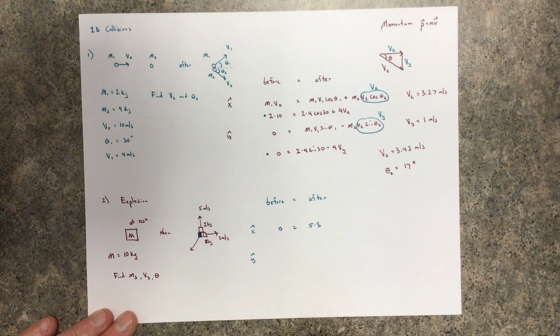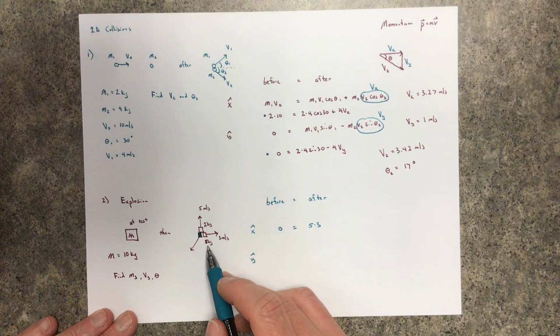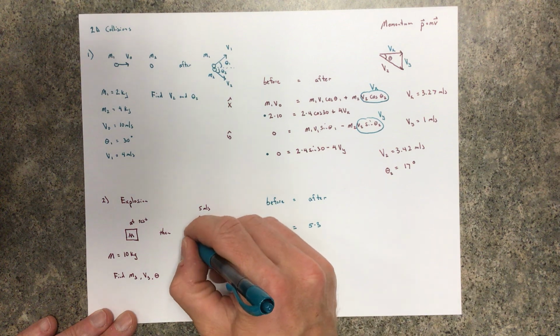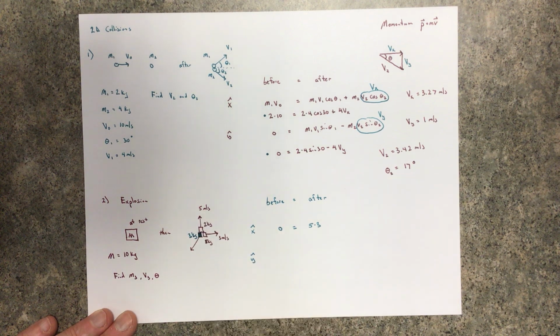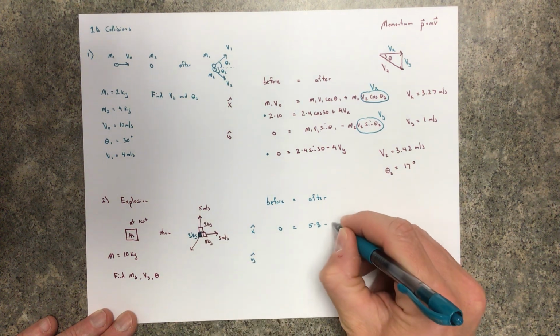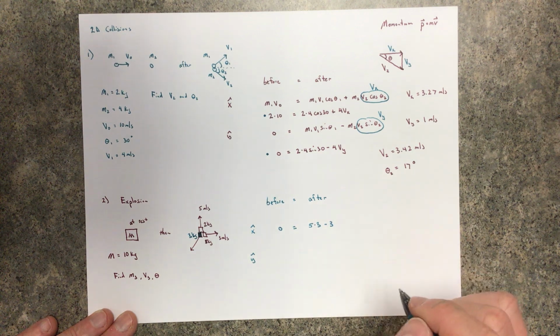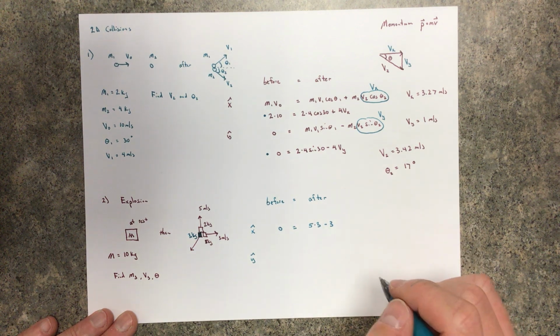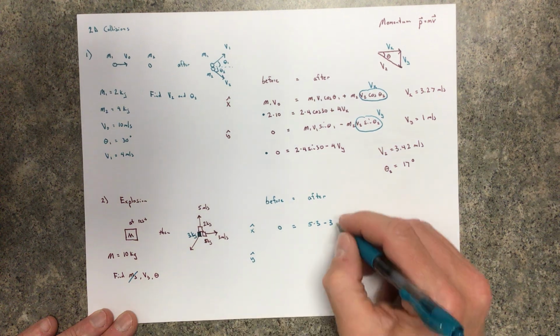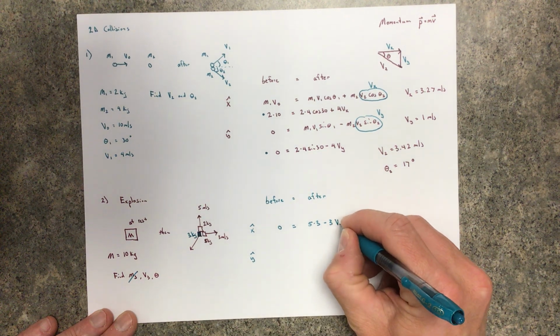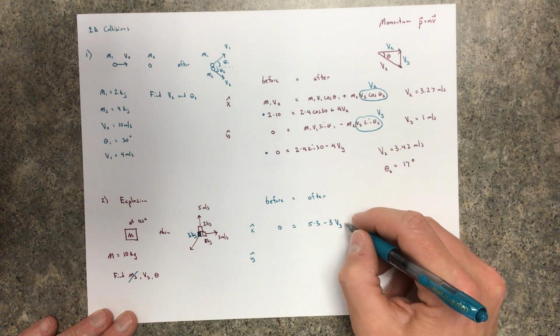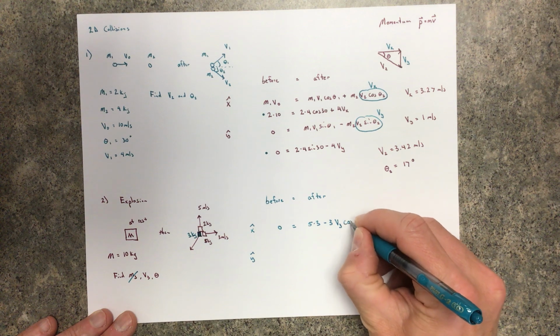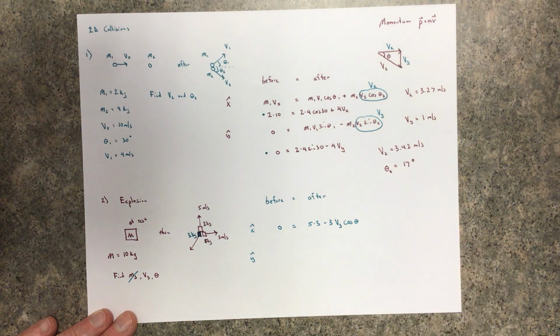Wait a second. Do I know its mass? This was 10. There's 2. There's 5. Well, where's the other? That must be a leftover 3 kilogram. So I know that I have a 3 kilogram box. It must be moving left. But I don't know its velocity. We'll call it V3. And I don't know the angle, but I do know it would be some v cosine of some angle.